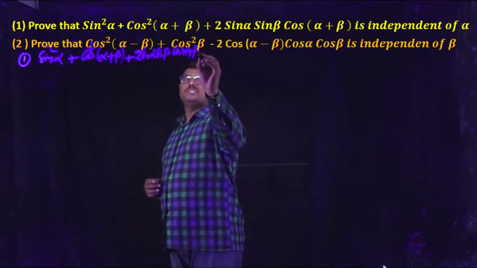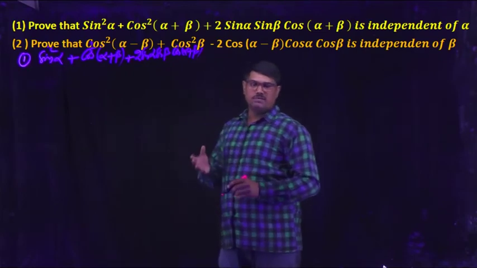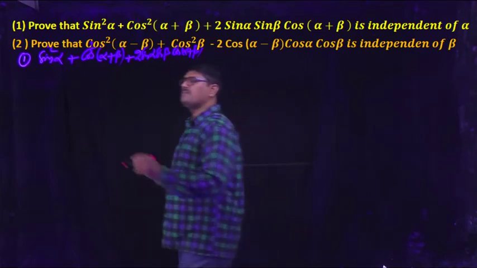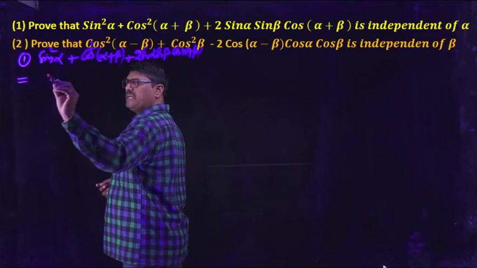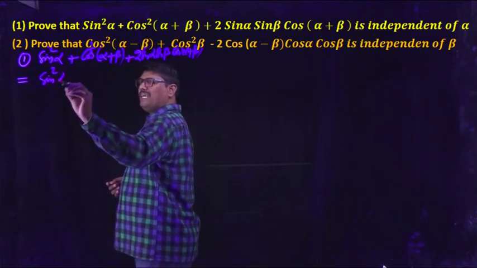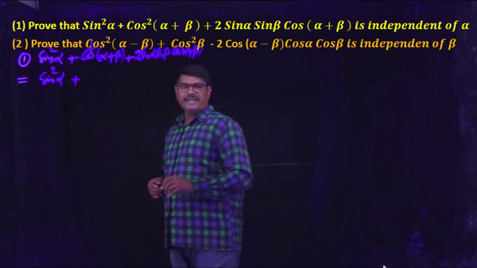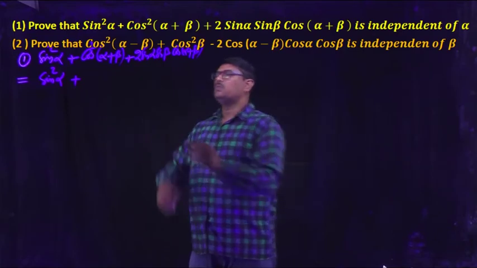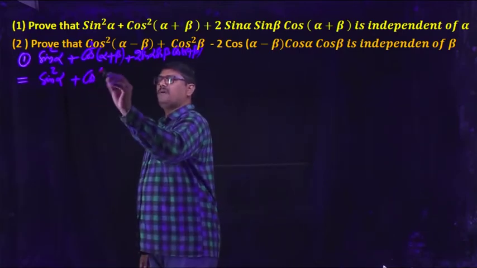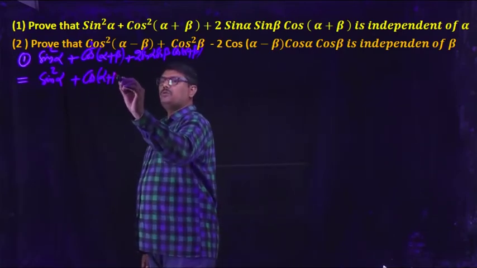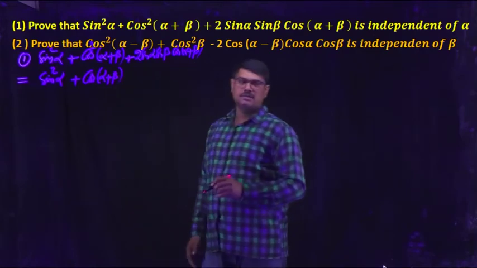We have to prove this expression has a value which is independent of alpha. In the given expression, you can clearly observe from the second and third terms that we can separate cos of alpha plus beta. You have to start the problem like this.